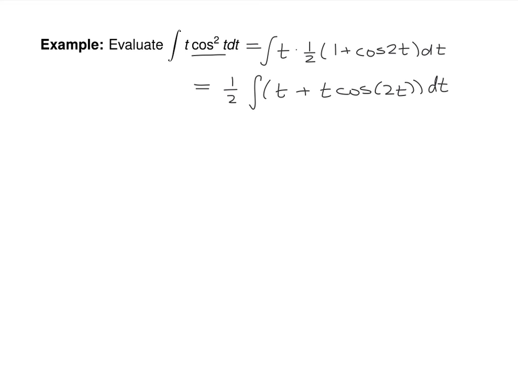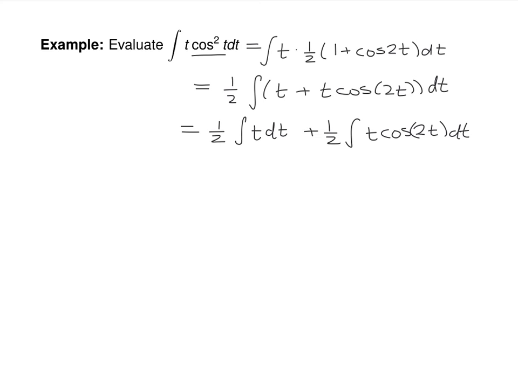And then let's break it into two integrals. We have 1/2 the antiderivative of t dt plus 1/2 the antiderivative of t cosine 2t. And the foresight that I had was that I can do integration by parts if I have cosine of something. But cosine squared of something is more tricky, so use the half angle to change that cosine squared.